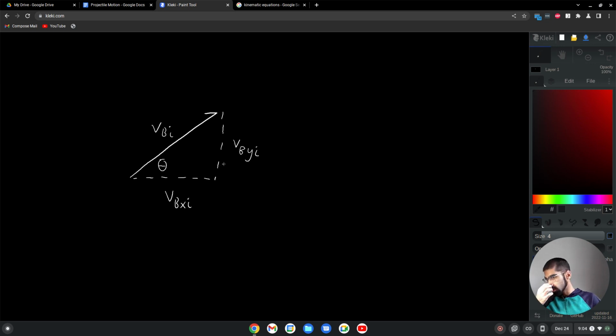We can do this using just basic trigonometry. So this is a triangle, it's a right triangle. Make sure you know that, even though it doesn't look right. We can see from this triangle that sine of theta is equal to VByi over VBI.